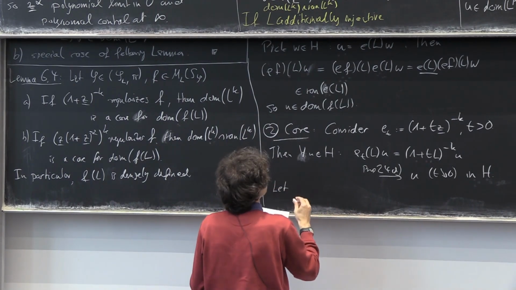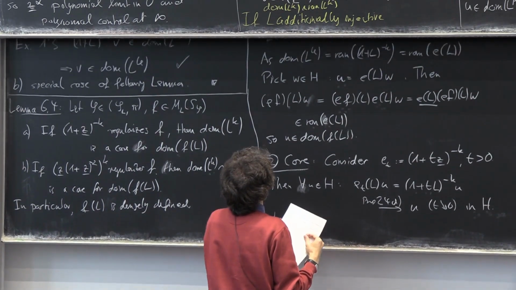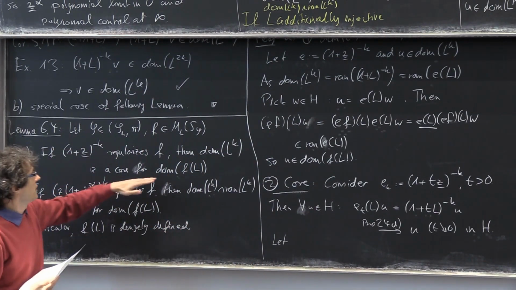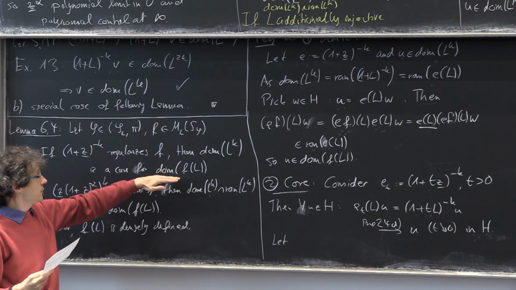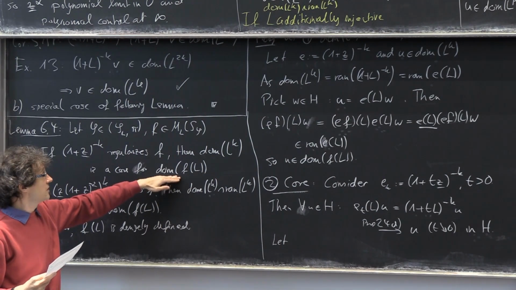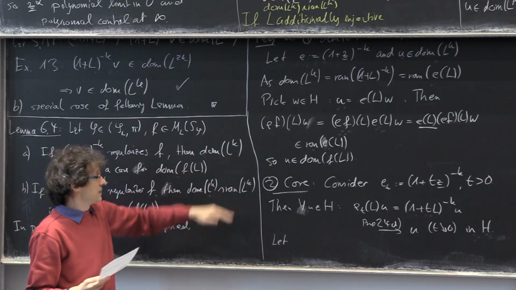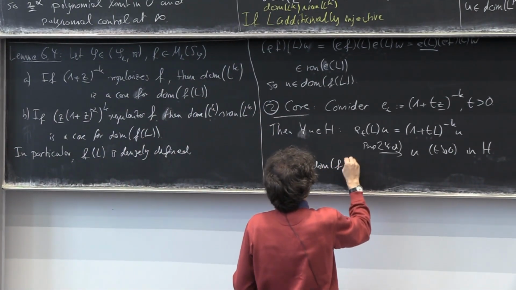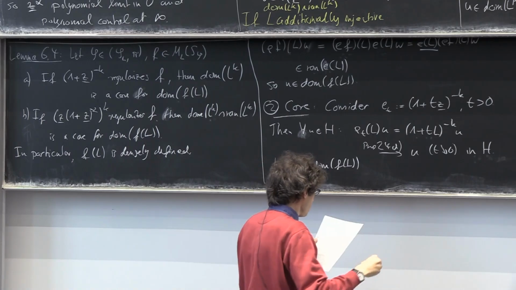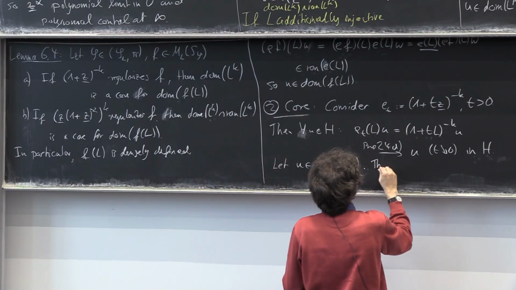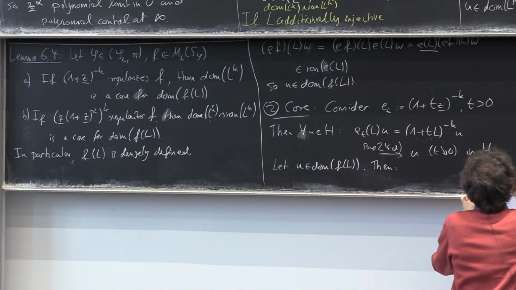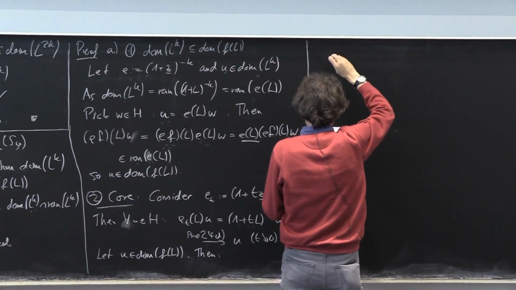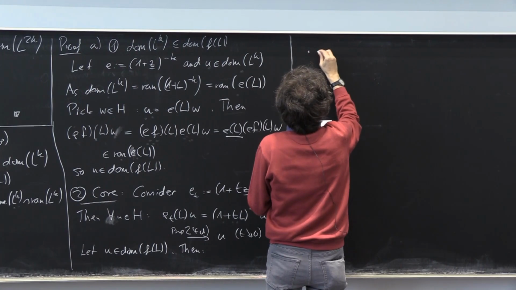Now, what we want to show is that the domain of L to the k is a core of the domain of f of L. So what we have to do is take a u in this domain and approximate it by functions here. So we take a u in the domain of f of L, and then let's see what the properties of such a u and of E_t of L u are.